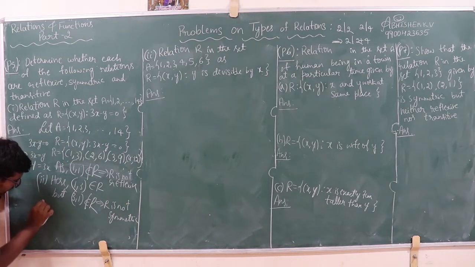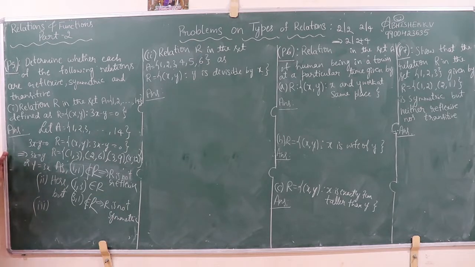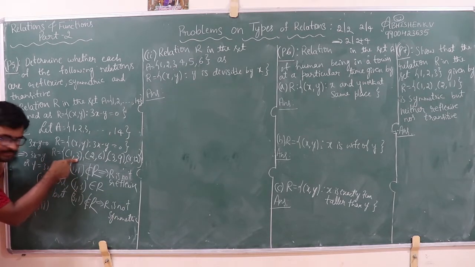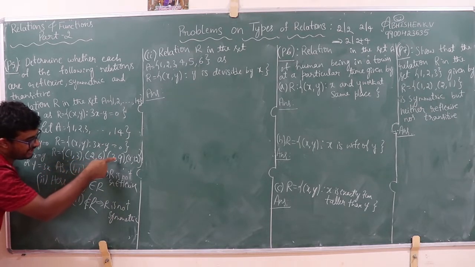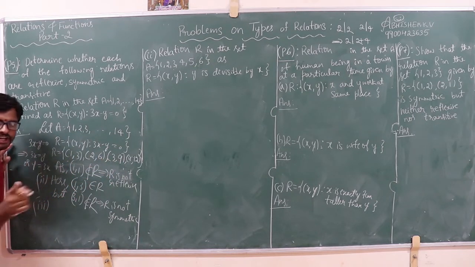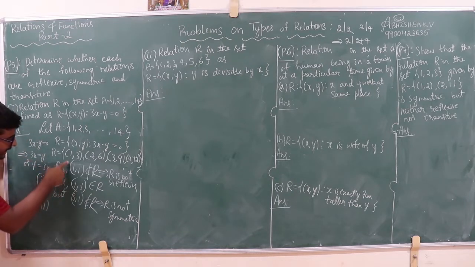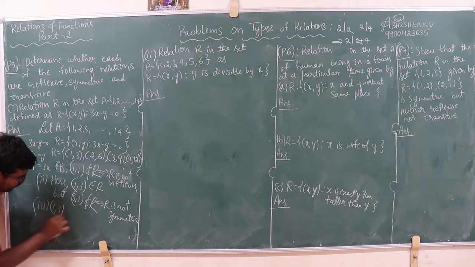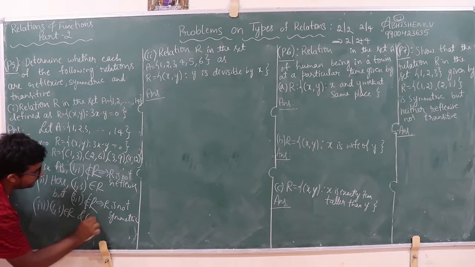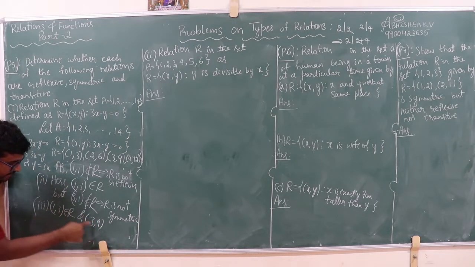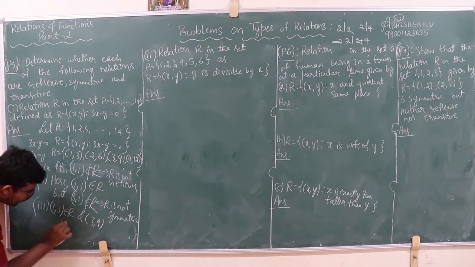Then move on to the next one, that is transitivity. See, (1, 3) belongs to the relation and (3, 9) belongs to the relation. I already told you, for transitivity we should take (a, b), (b, c). Here (1, 3) belongs to the relation R and (3, 9), so (a, c) is (1, 9).